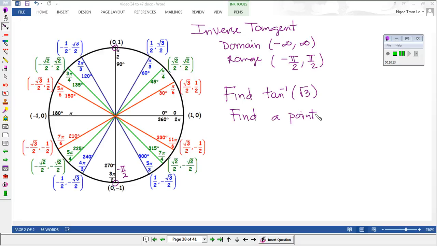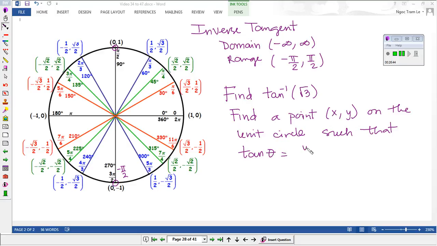The first thing we have to do is find a point x, y on the unit circle such that tangent of that angle, where tangent of theta is y over x, is equal to square root of 3.